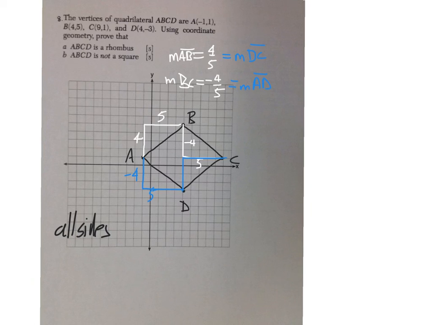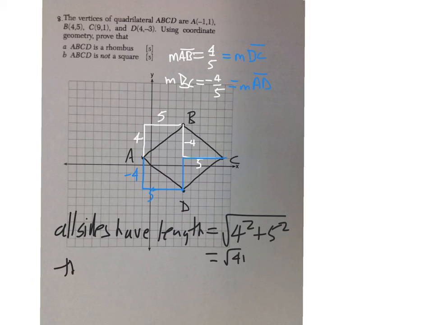All sides are using the same numbers in their slope, which would be square root of 4 squared plus 5 squared, or 25 plus 16, which would be radical 41. Therefore, it is a rhombus. Therefore, ABCD is a rhombus.